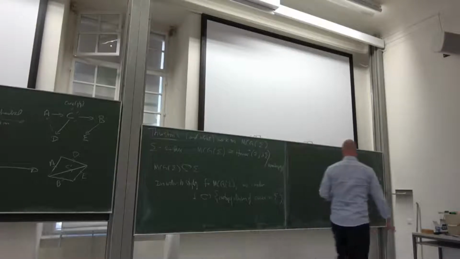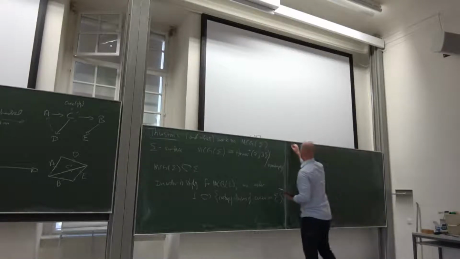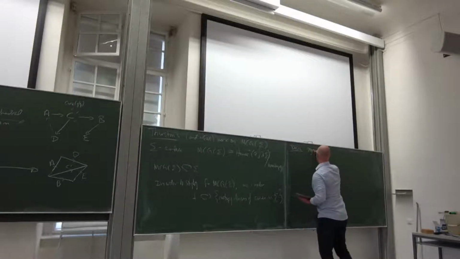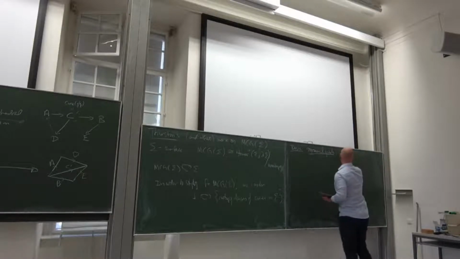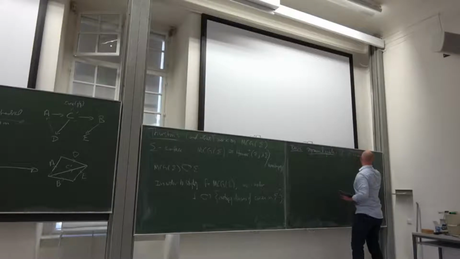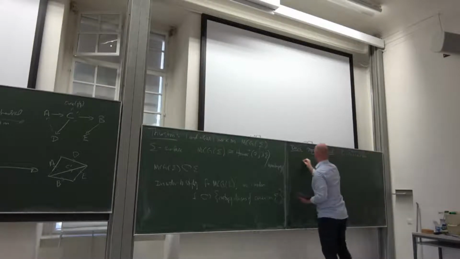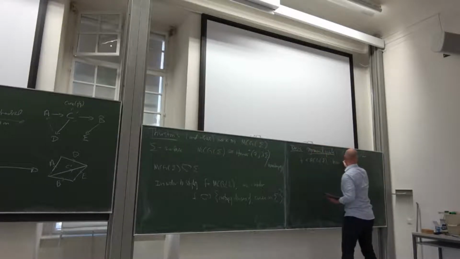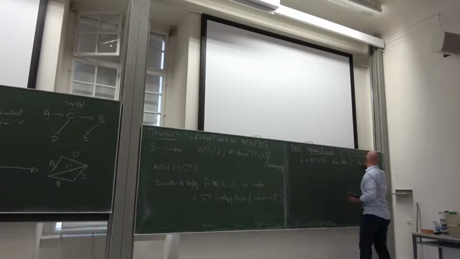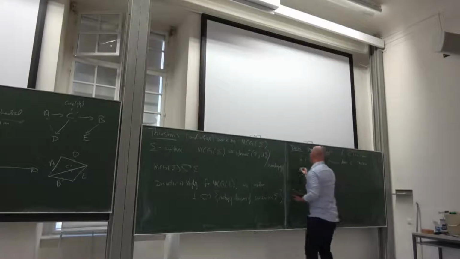Okay, I'll make this more precise in a minute, but a basic dynamical question is, if C is a curve and F is a mapping class, how does C grow when we apply F?